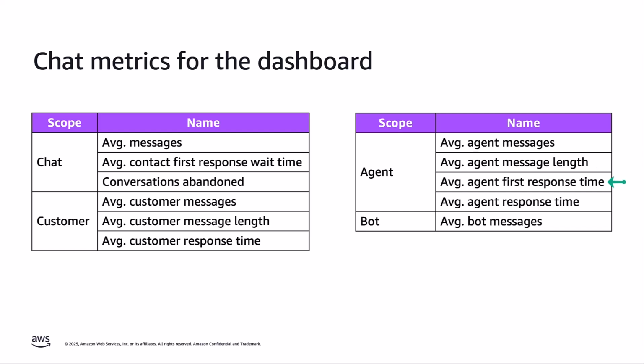Agent average first response time is the average time in seconds taken by agents to respond after obtaining a chat contact. And average agent response time is the average time in seconds taken by agents to respond to customer messages. And the last scope is bot. That has the metric called average bot messages, which is the average number of messages sent by bots across contacts.